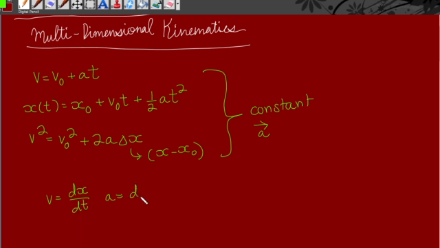And yeah, that's basically what I went over in my last video. For multidimensional kinematics, all these equations apply not only for the x direction, but also for the y direction, the z direction, and so on.